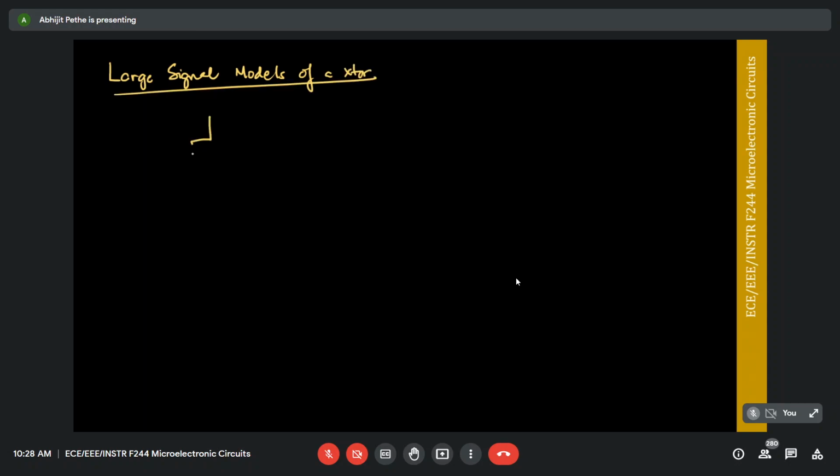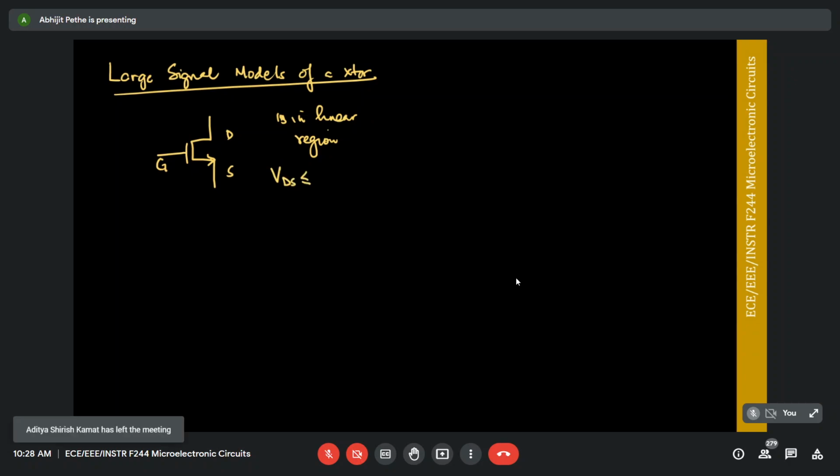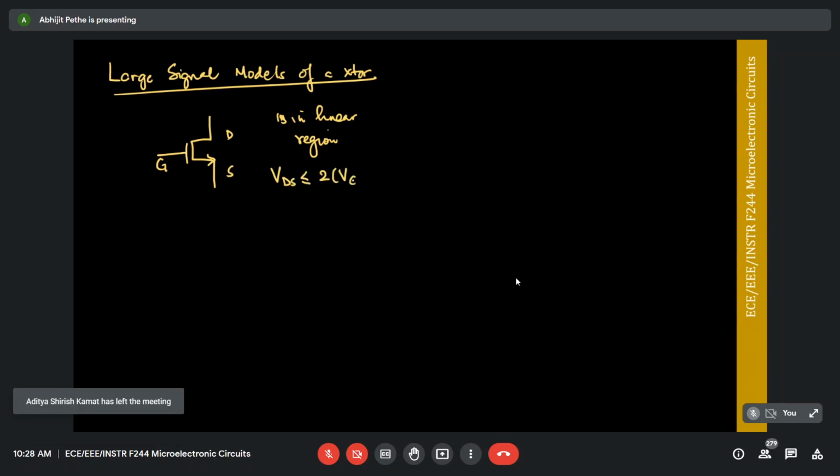So if I have an NMOS connected in a circuit where we know that this transistor is in linear region, that means we have the condition that VDS is much smaller than 2 times (VGS minus VT). So what does this mean?